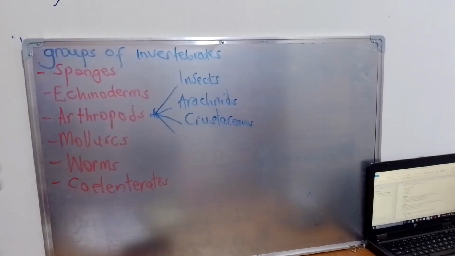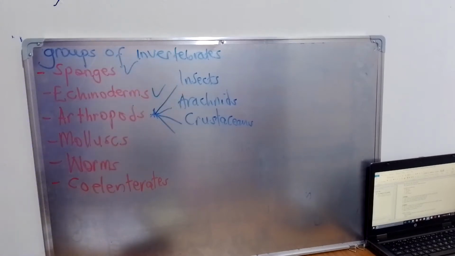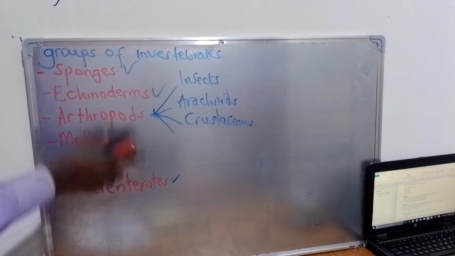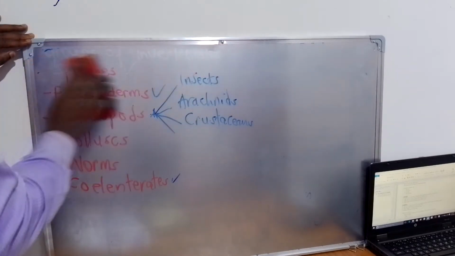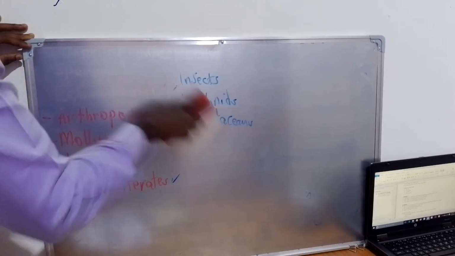Now today we are talking about sponges, echinoderms, and coelenterates. We are speaking 3 in 1.